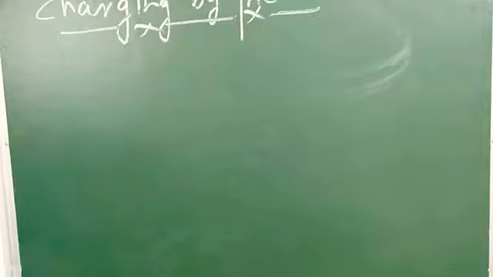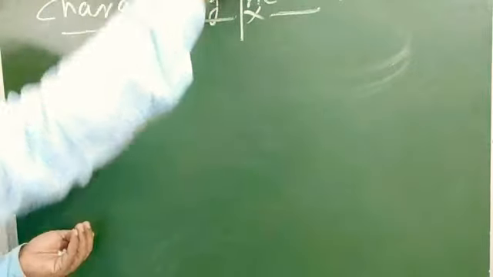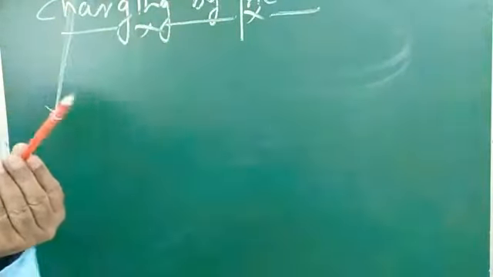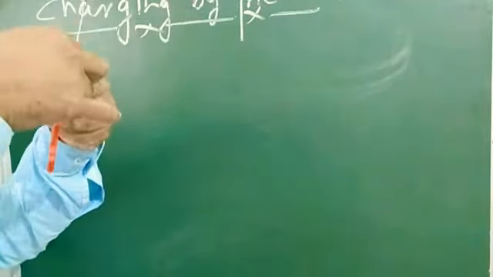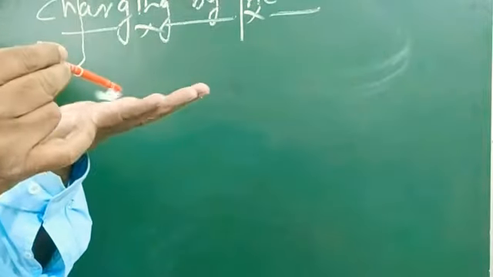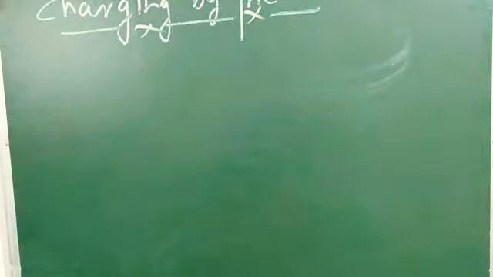We can observe that when a body is rubbed with another body, for example, suppose we rub a pen with a cotton hanky, we see that it starts attracting small pieces of paper.